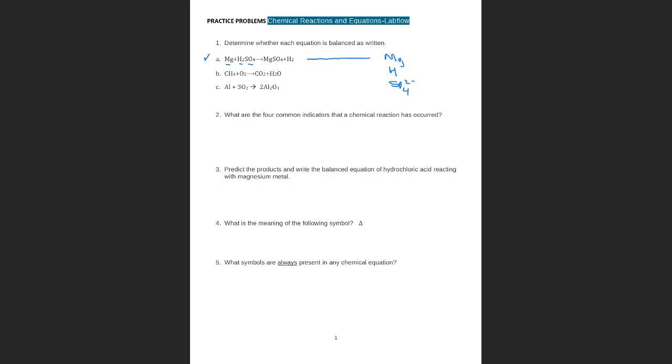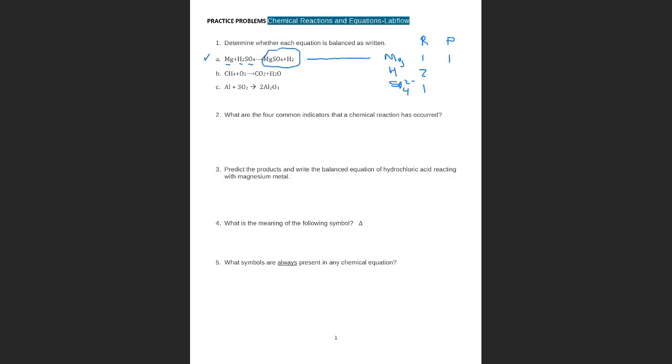How many do I have on the reactant side? One magnesium, two hydrogen, H2SO4, and one sulfate. And how many magnesium do I have on the product side?